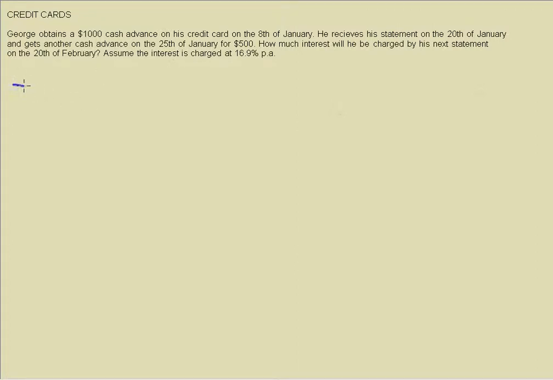So a good way to look at this is to let's just plot out a timeline to see what's going on. Okay, it's a bit wonky, but you see where we're going.